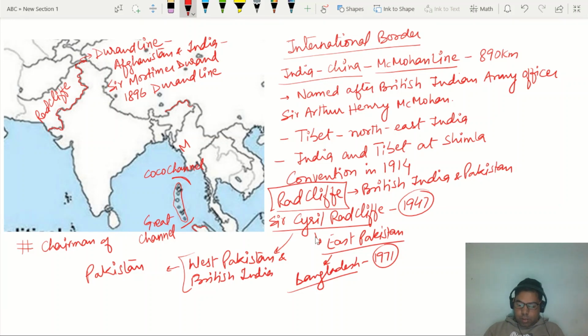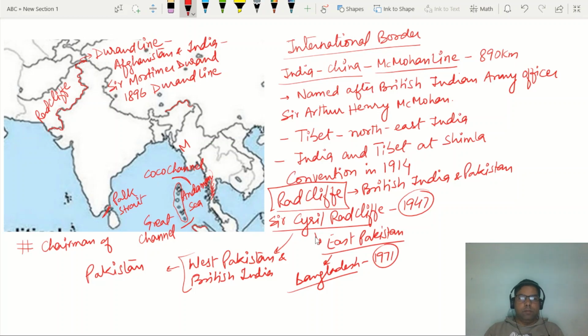This is Malaysia, and this part is Thailand, right? Thailand is also separated from India by the Andaman Sea. This whole area is the Andaman Sea, right? India has been separated from Sri Lanka by the Palk Strait.